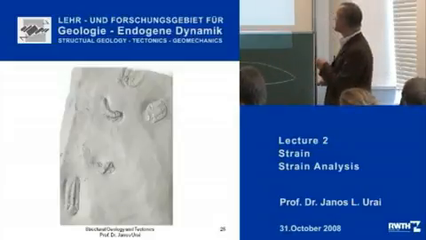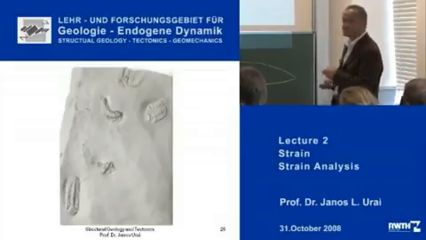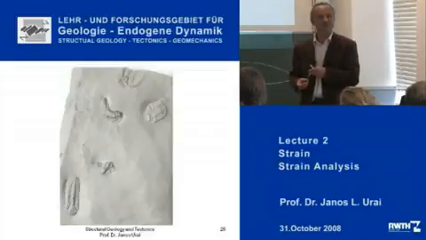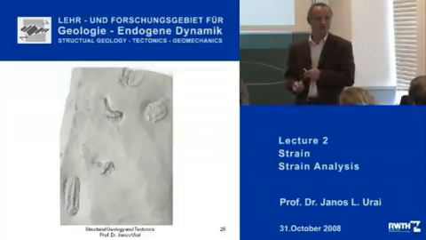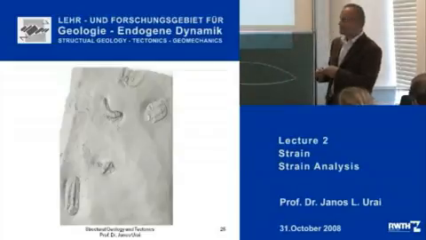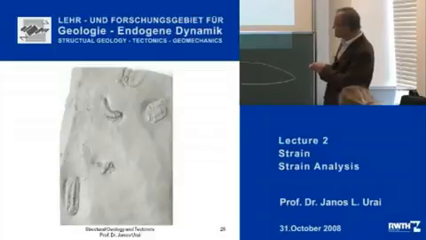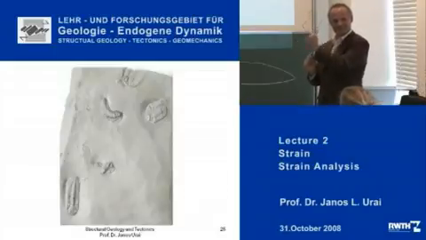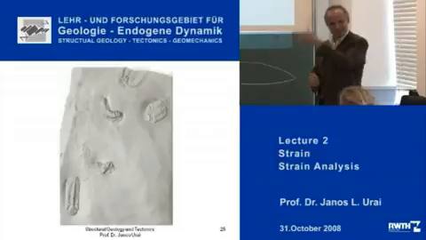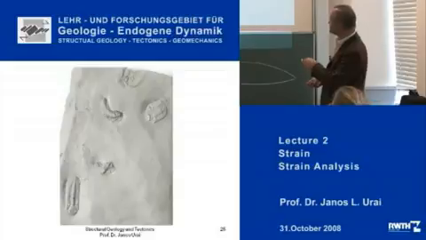Okay? And now I think I can ask you, what is more or less the orientation and the shape of the strain ellipse that produced this deformation? Okay? I think what you can say is that it must be more or less parallel to this one, because this trilobite is stretched, but it is not sheared. Okay, so it must be along one of the main axes of the ellipse. So maybe the ellipse is like this.